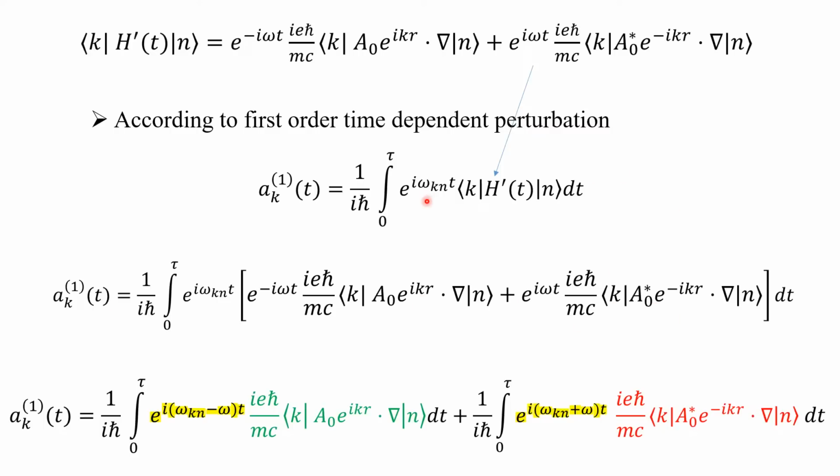Now, in the place of this product matrix element ⟨k|H prime(t)|n⟩, you replace this one.